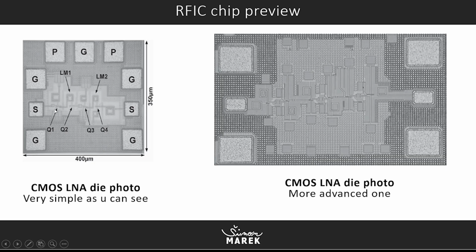You can see you have four transistors, Q1, which is here, to Q4, which is here, and you have a few inductors here, which are these rectangular spiral shapes, and you have coupling or DC block capacitors, which are often placed in series with our trace.